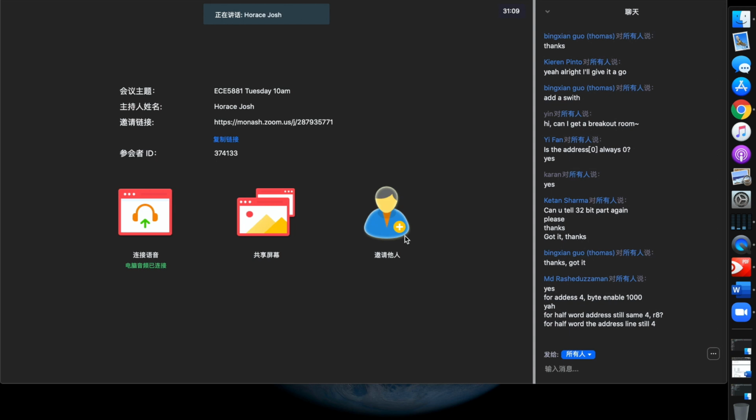Yeah, if you're doing a half word transfer, the address would still be 4. I think what you're asking is, the multiples that you go by would depend on what the data bus size is.